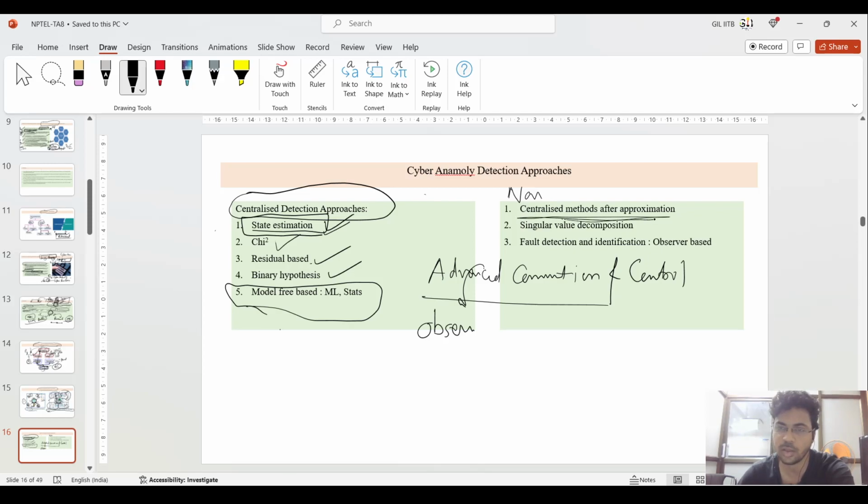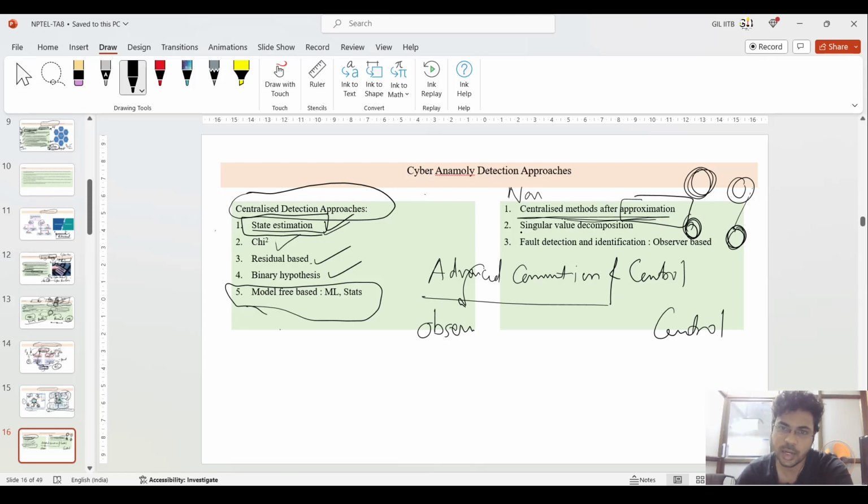If you see this non-centralized, that is the decentralized system, it has certain centralized methods after approximation, because you are installing in certain pockets. So the communication feature you can install based upon the latency, but the response time can be of a higher duration, because it is a far end point from the central controller itself.